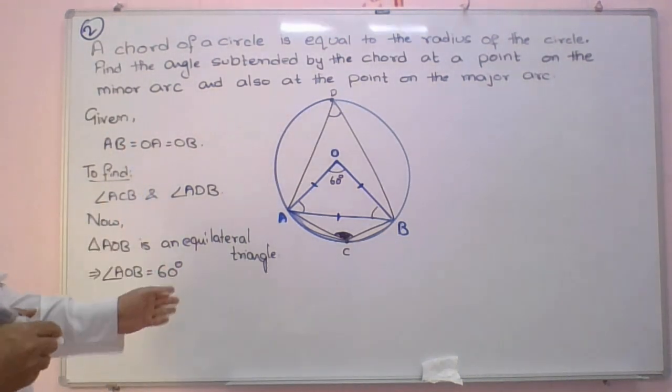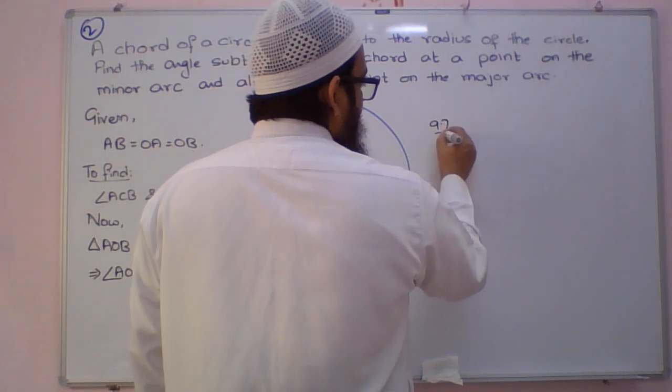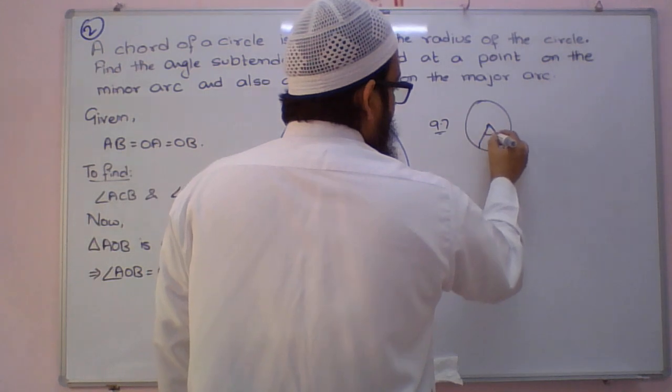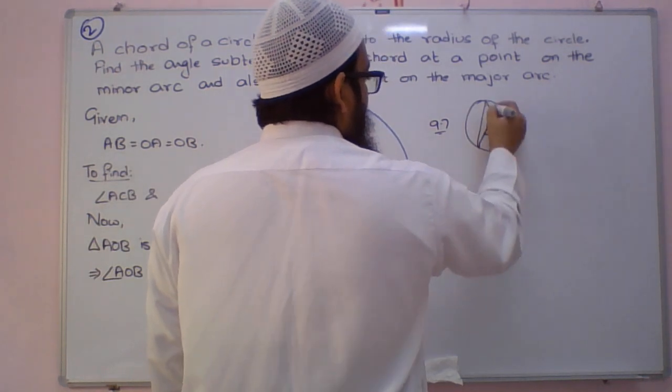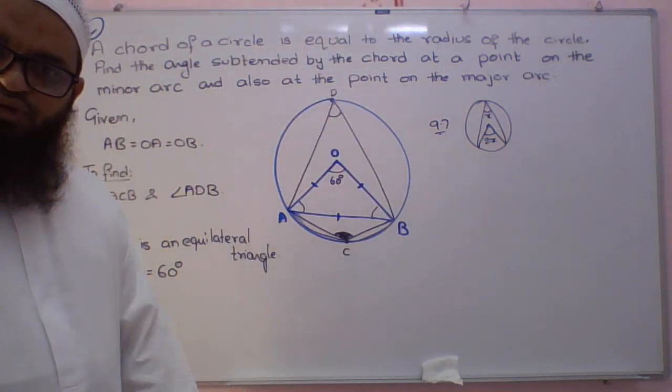Before going to the next steps, I just want to remind you what theorem 9.7 is. Theorem 9.7 is: the angle subtended at the center is double the angle subtended at any other point on the remaining part of the circle, right?